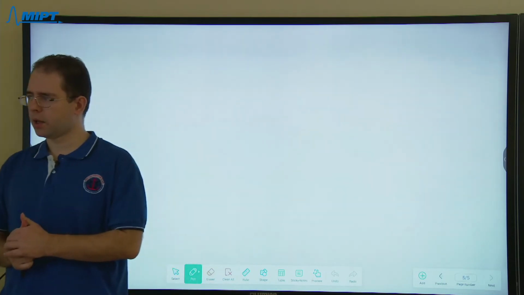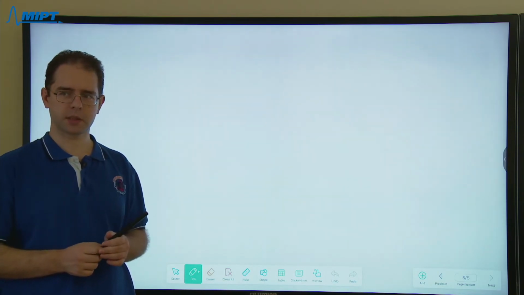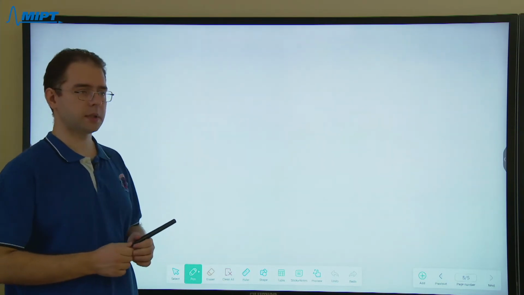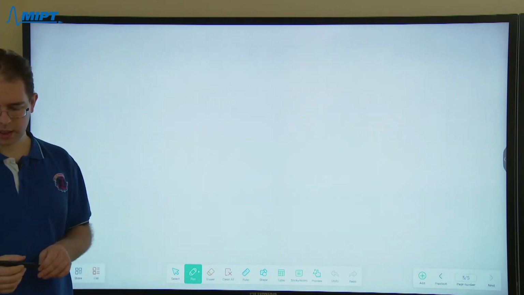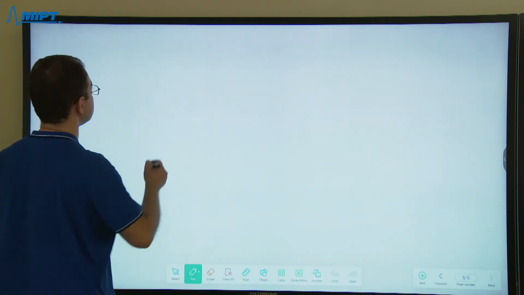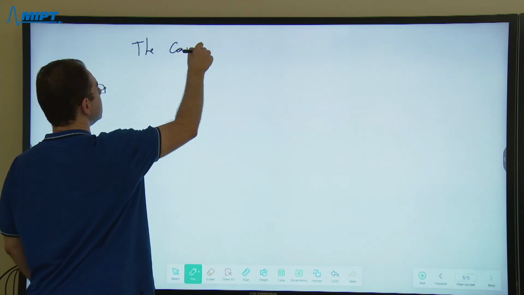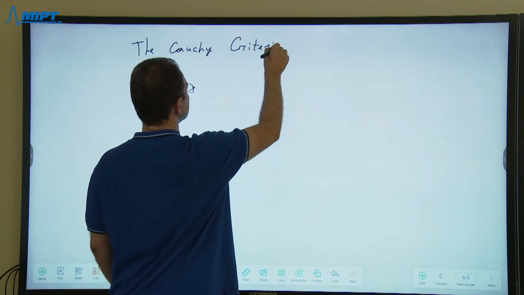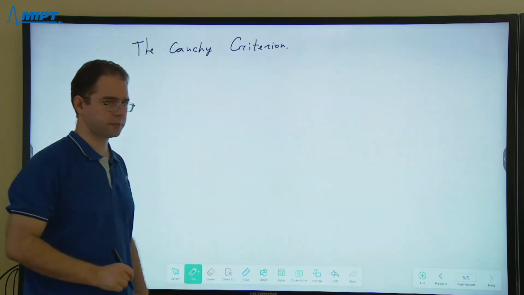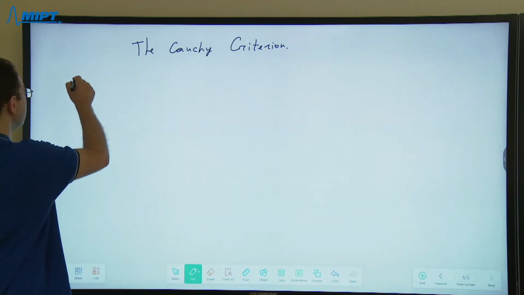So, those were the theorems regarding arithmetic properties of limits of sequences. Our next topic is the Cauchy criterion. Definition.